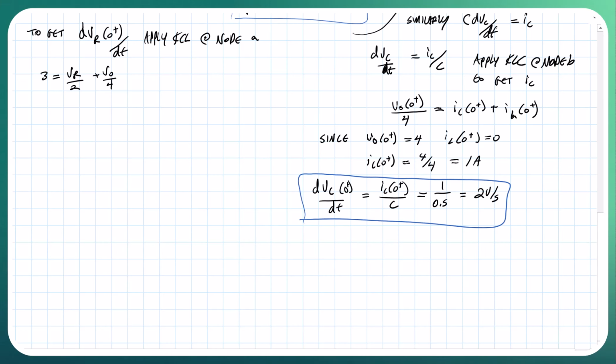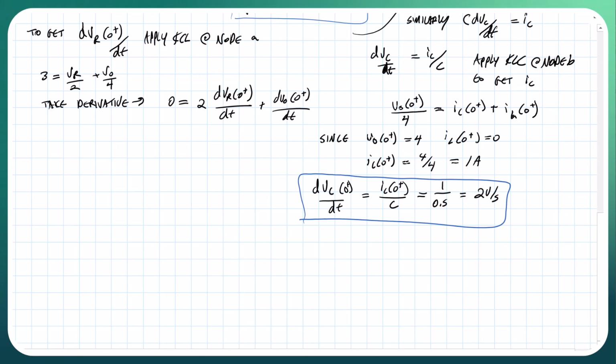And we take the derivative of that. We get 0 equals 1/2 dVR at 0 plus over dt plus 1/4 dV0 at this time over dt.